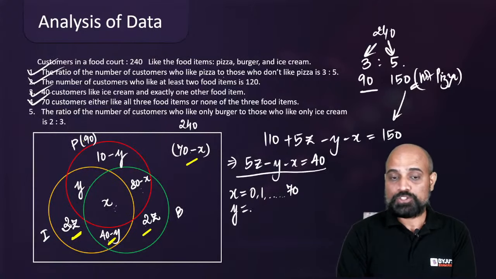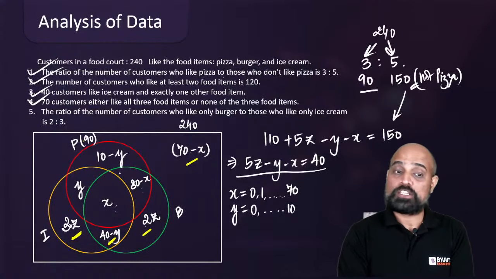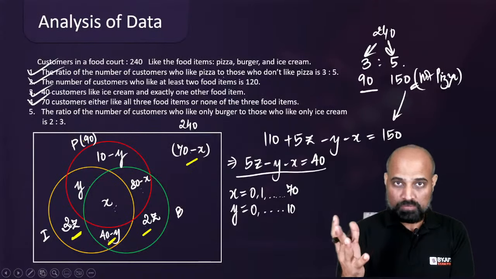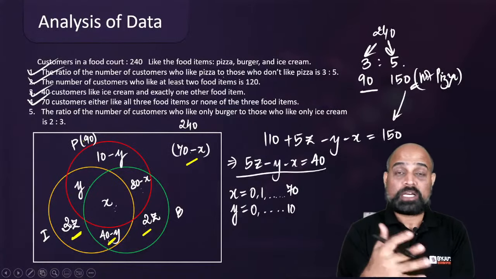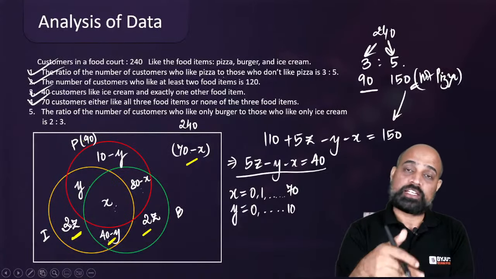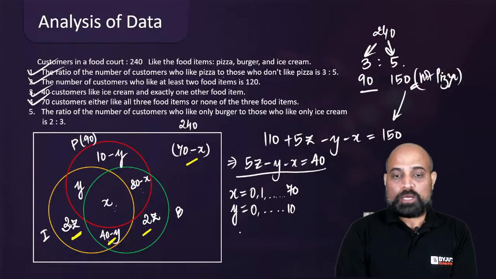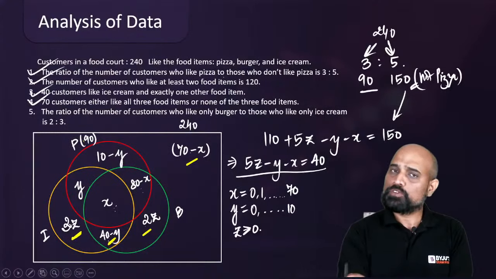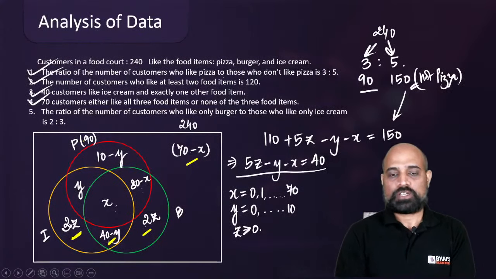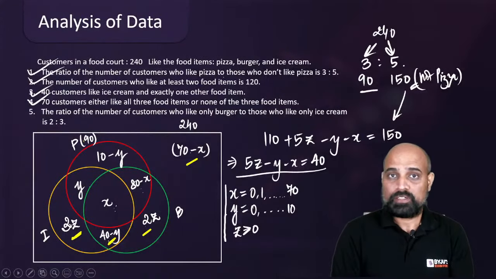It won't be an issue, but the maximum value of y could be only 10, because if y is more than 10, the p region will become negative. At 10 it is 0, above 10 it becomes negative, which is not allowed. What about z? Can we say z can be any value greater than 0? 1, 2, 3, 4, anything is allowed. Okay, so these are the 3 variables and these are the limiting conditions on them.